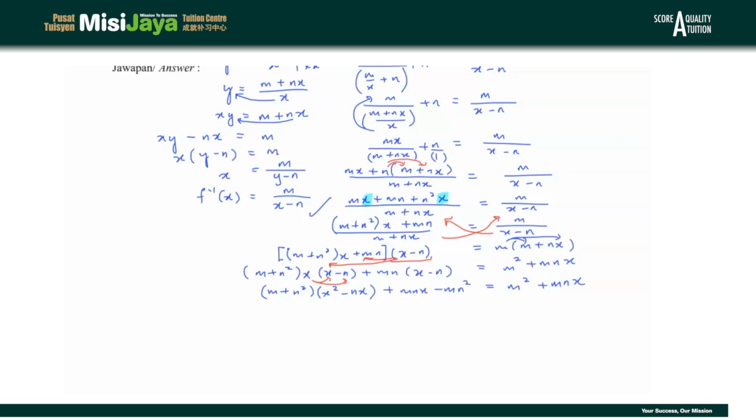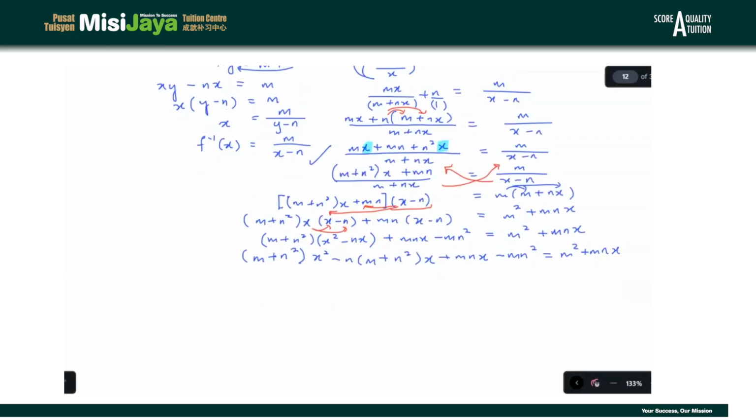So we got the x squared already. Now I'm going to do the next step. So m plus n squared, the whole thing times x squared, then minus n times m plus n squared x, and then plus mnx, then minus mn squared, then equals, this is m squared, just bring it down.